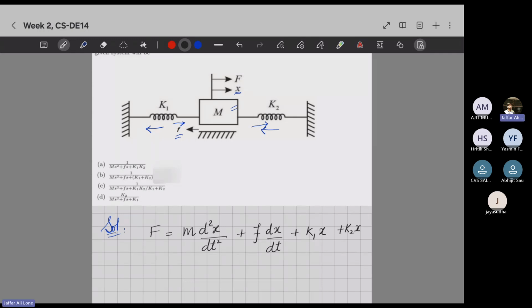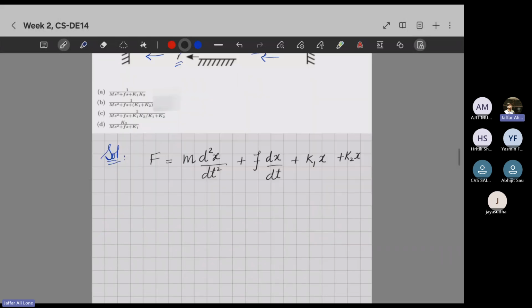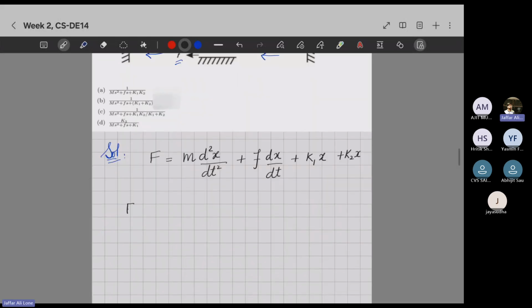And after this, just take Laplace. So when you take Laplace, you'll get F of s equals m s square X of s plus f into s X of s plus k1 plus k2 into X of s.